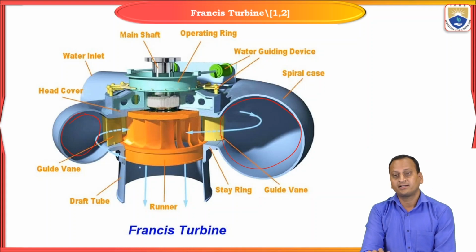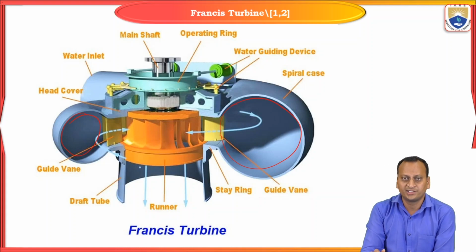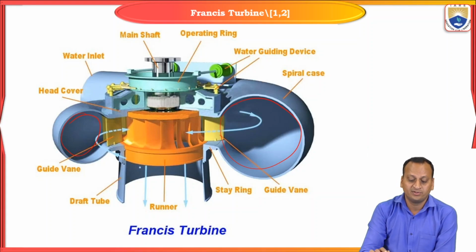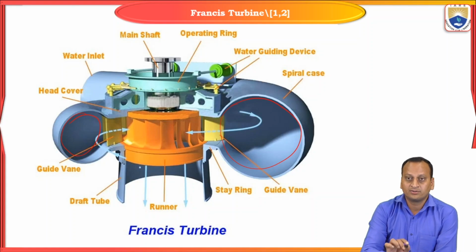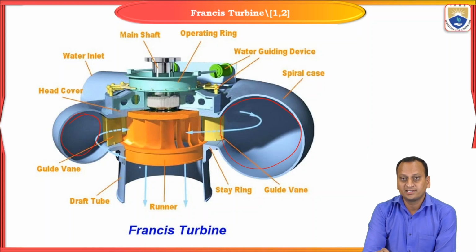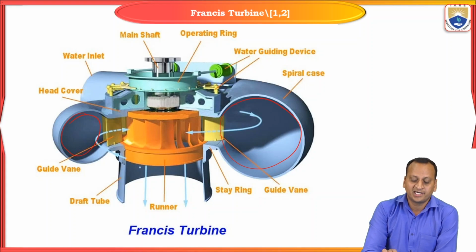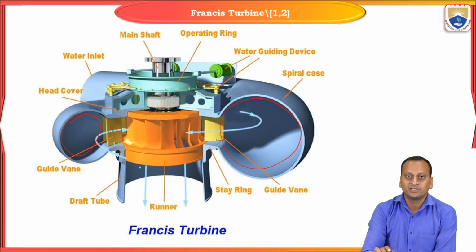As the diameter of the scroll casing decreases, the pressure energy will decrease, and kinetic energy will gradually increase, at the entry of the inlet to the rotor blades. Therefore, the scroll casing is not of uniform diameter. It must be of gradually decreasing diameter, so that it will possess both kinds of energies.